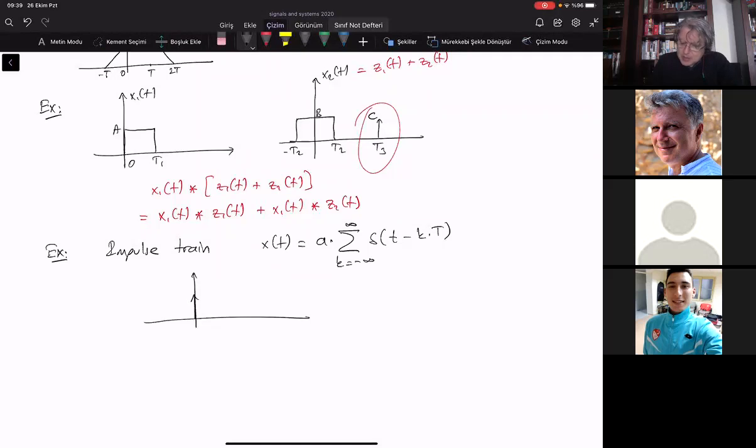How about the others? When k is 1, for example, delta of t minus capital T. That's an impulse at capital T. All the values are a, it's the same. When k is equal to 2, it will be at 2T. When k is equal to 3, it will be at 3T. When k is equal to minus 1, it will be at minus T, right?